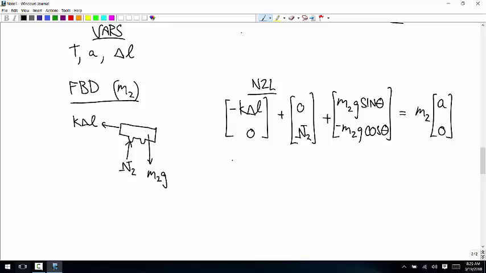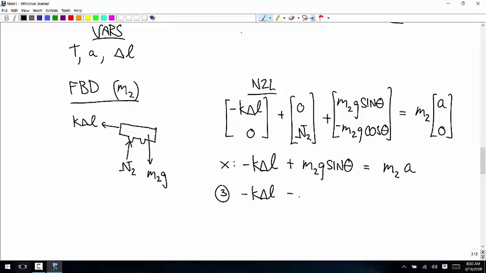And so the x equation says negative k delta L plus m2 g sine theta is equal to m2 a, and that gives us equation 3, which says negative k delta L minus m2 a is equal to negative m2 g sine theta.